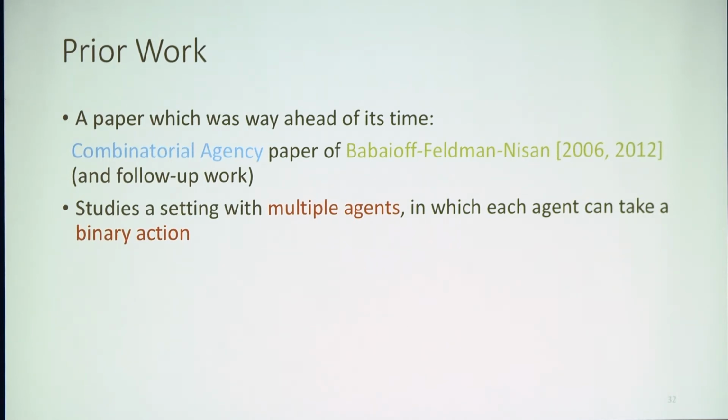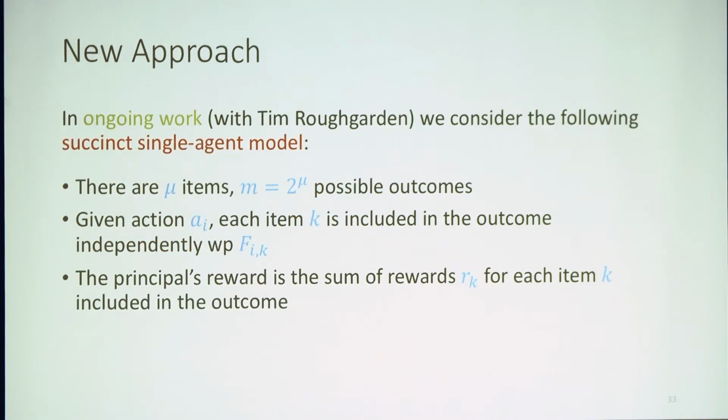What I want to do instead is work out a bit of the details of the implicit representation models. And I want to show you some ongoing work that we've been doing on this, just to highlight the potential directions that this could go into. Okay, so this is, again, ongoing work with Inbal and Tim.